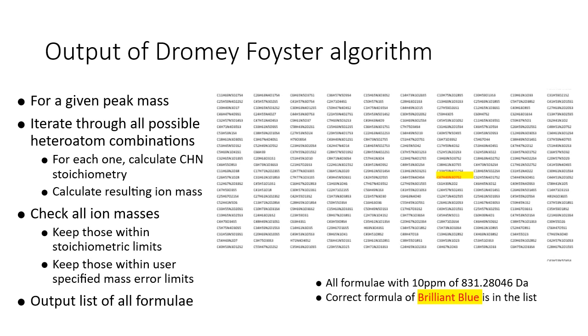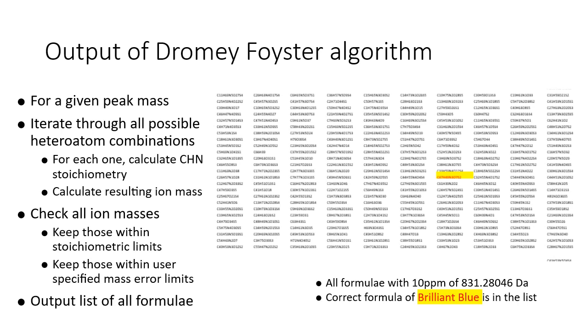And then, providing those numbers were still within the stoichiometric limits we'd set ourselves, we could then calculate the resulting ion mass, and then the mass error between that and the peak mass that we'd seen in the spectrum.